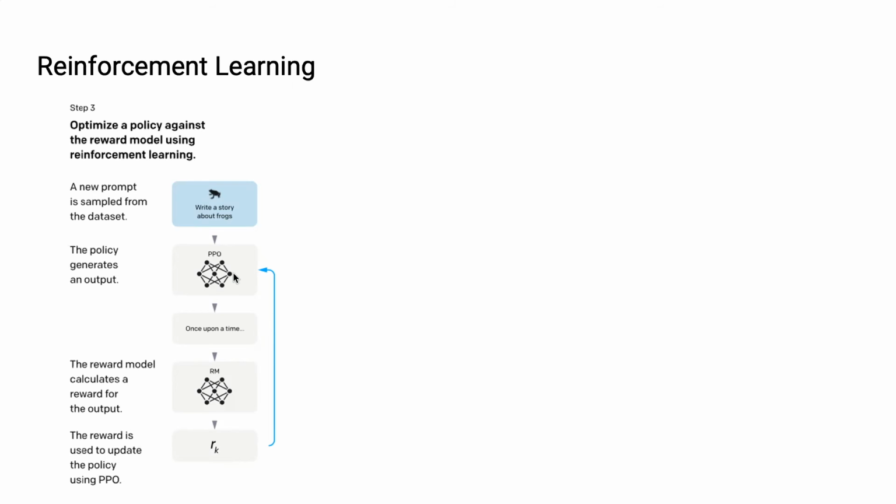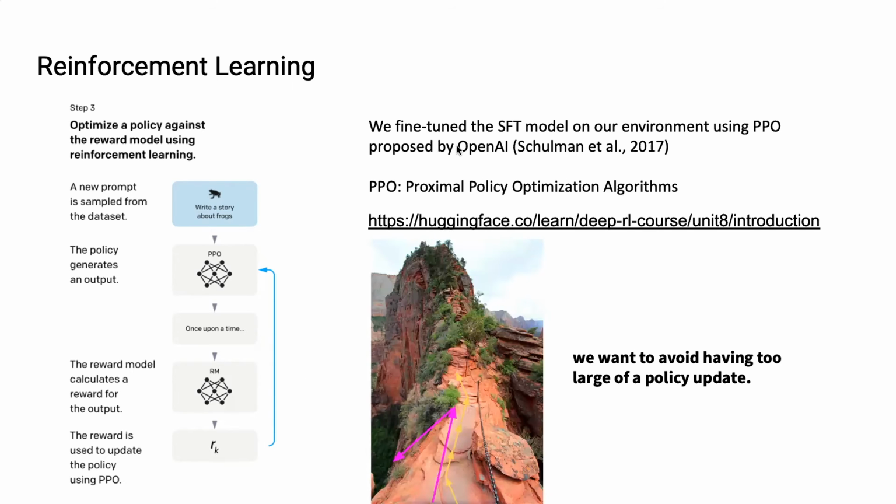You try to align the model to human preferences so that it gives high human preference score outputs. This is what the reinforcement learning is doing. They fine-tune the supervised fine-tuned instruction model using PPO.